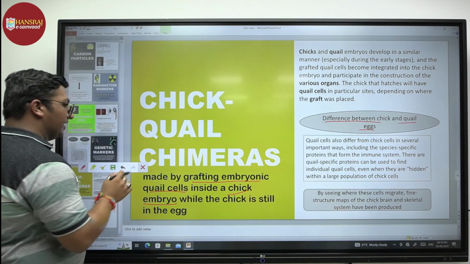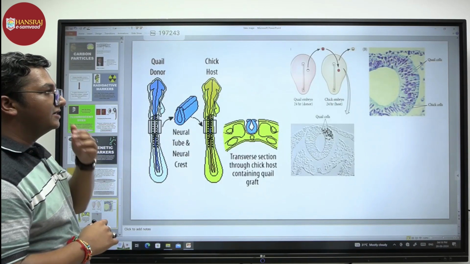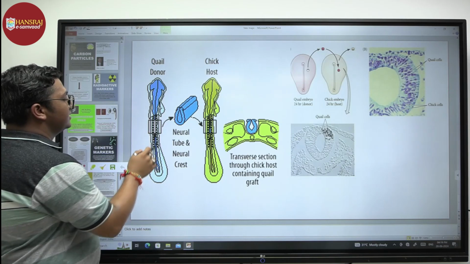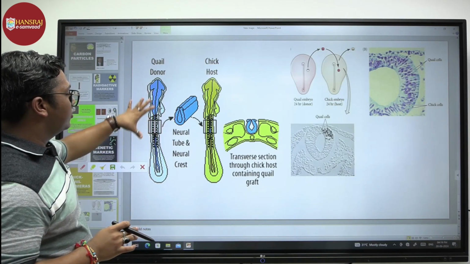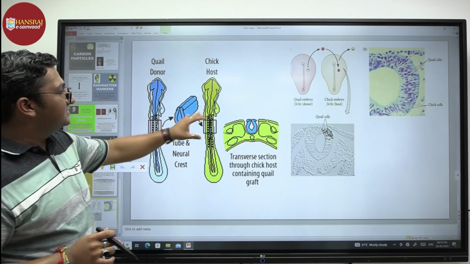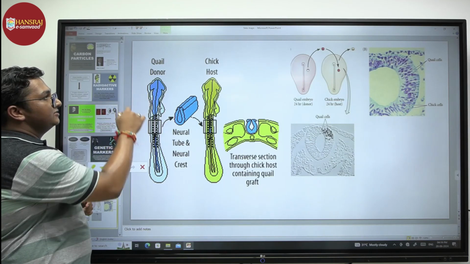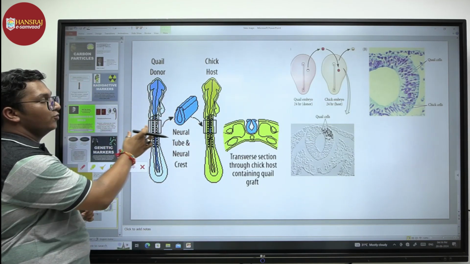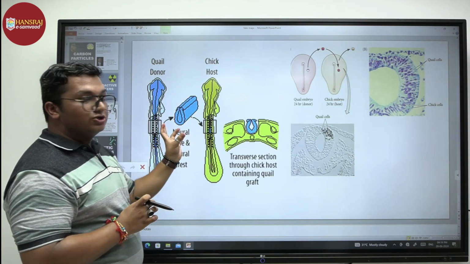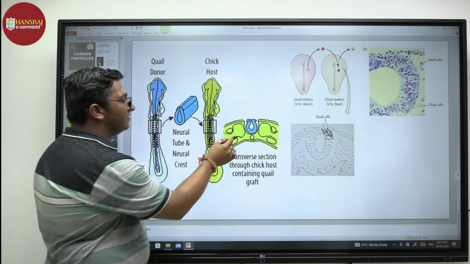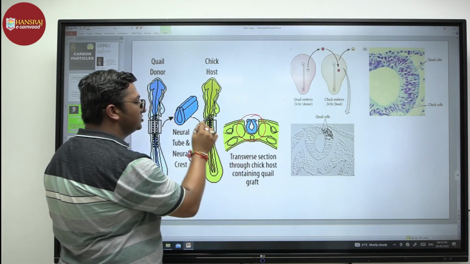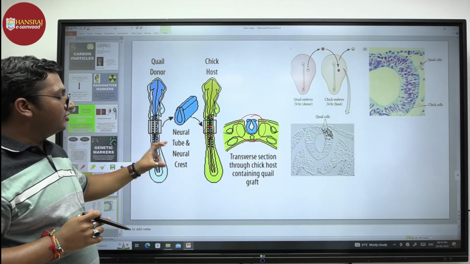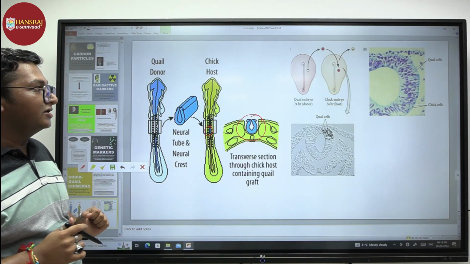For reference, I have also put one image here. As you have already seen, this is a quail embryo, this is a chick embryo. It is a donor, it is a host. So we have taken a portion of quail embryo, and through xenoplastic transplantation, we have transplanted it into the chick's embryo here, which is the portion responsible for neural tube and neural crest formation.